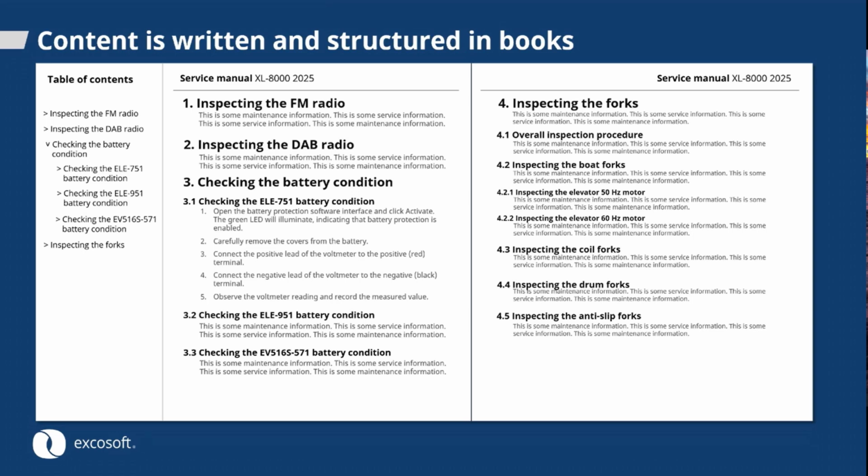And also the hierarchy provides a context. So if I'm reading a specific subsection, the parent titles provide a context for me to understand what that subsection is all about.